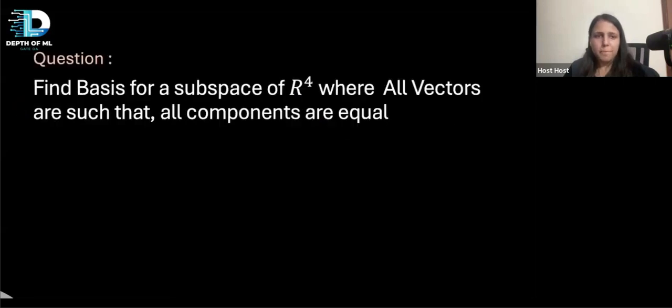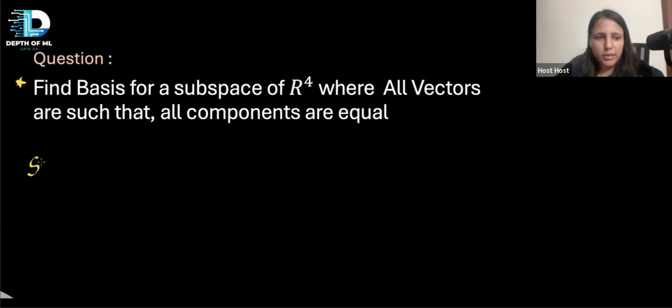Fine. Cool. Let's find the basis. Okay, this is a very interesting question. Find a basis for a subspace of R4 where all vectors are such that all components are equal. Okay, so there is a subspace.